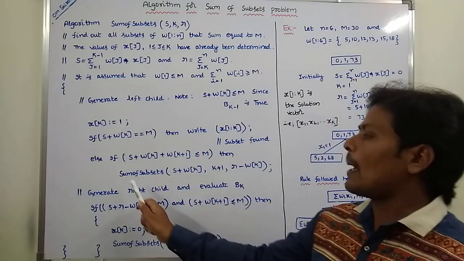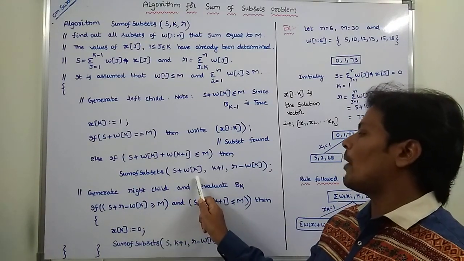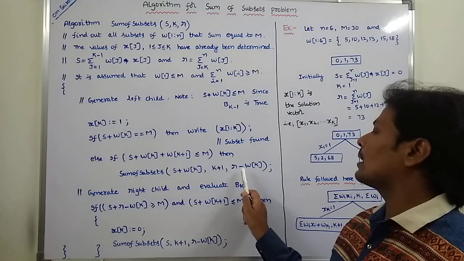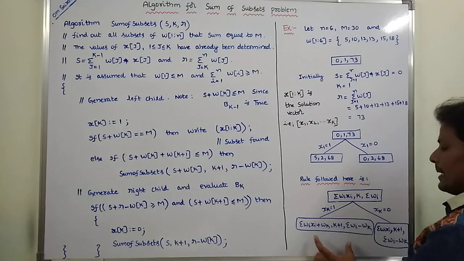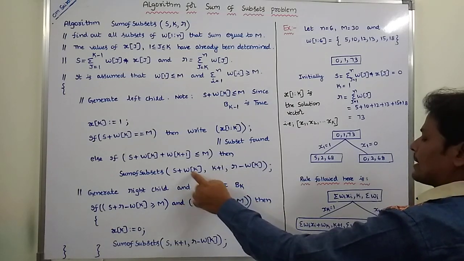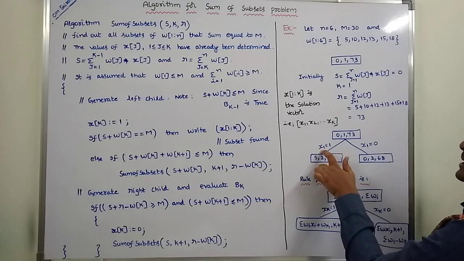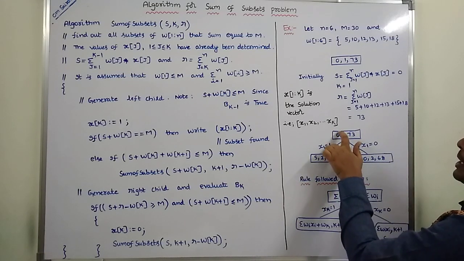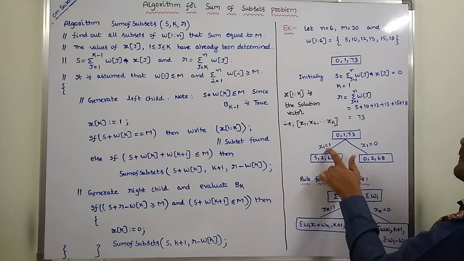So then sum of subsets, this is the recursive call, S plus W of k comma k plus 1 comma R minus W of k. So this is nothing but this value. S plus W of k, S value 0, x k is equal to 1. So 0 plus x1 is equal to 1 is nothing but 5.